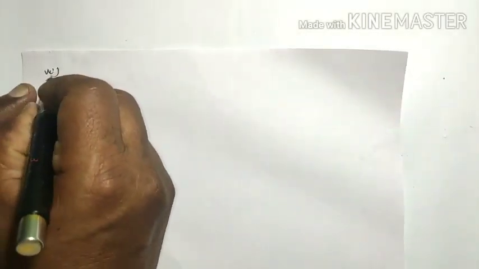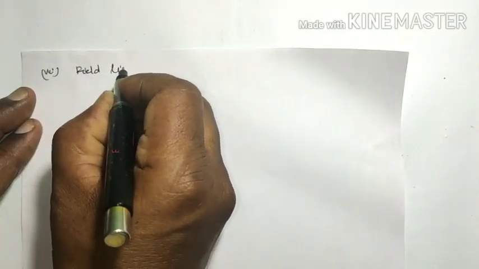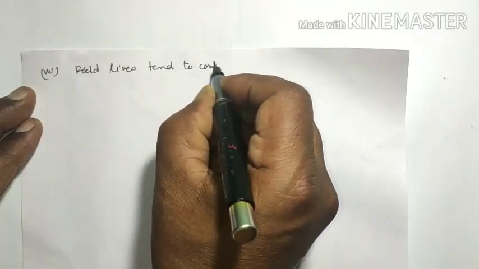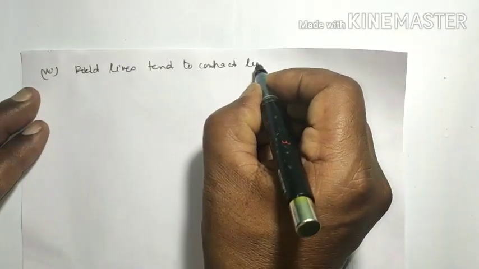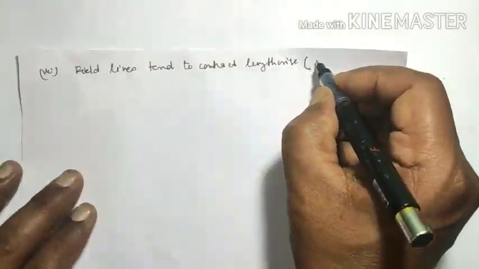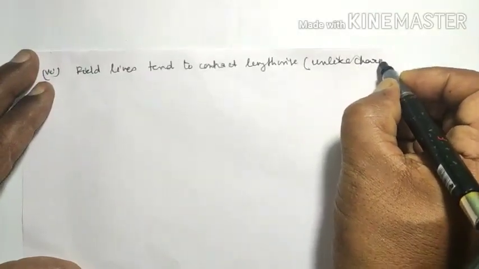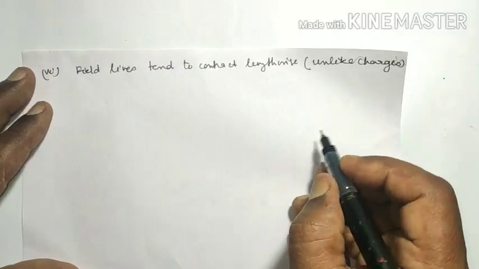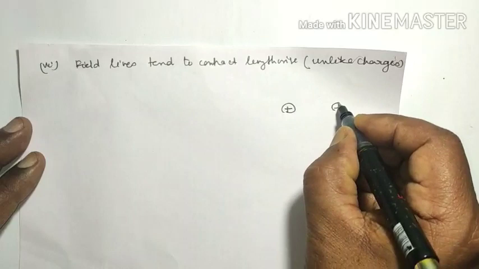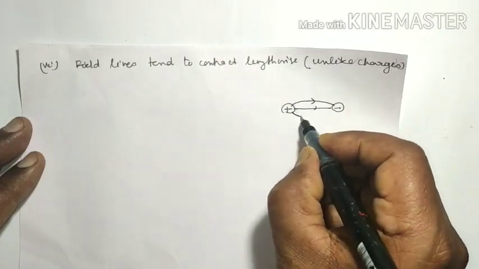Next property, field lines tend to contract lengthwise. This is on account of unlike charges. In case of attraction of two charges, suppose this is your positive charge and this is your negative charge, this is the field line, and these are other field lines.